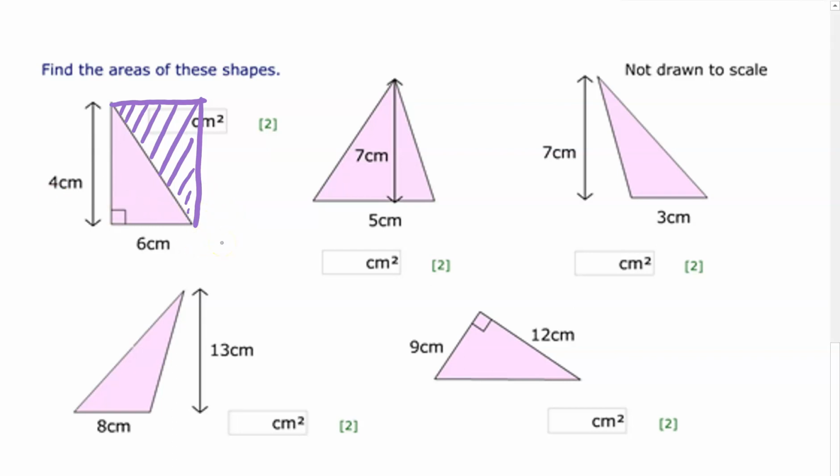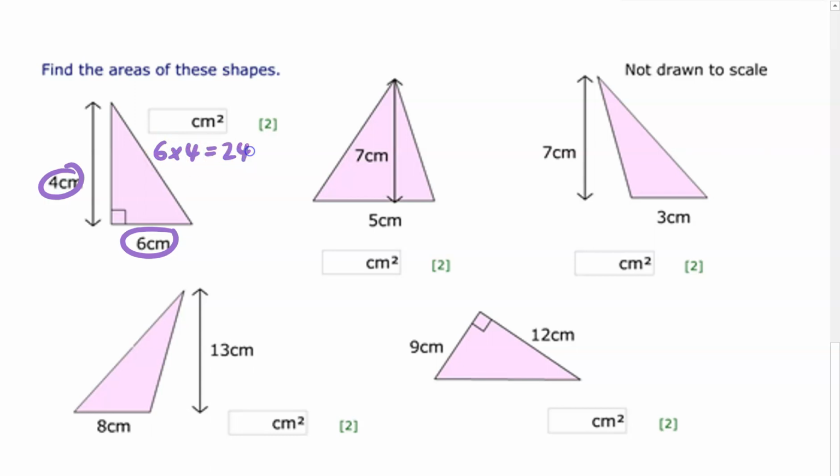We know how to do those. We know we do 6 times 4. But then I only want half of it. So we're going to do 6 by 4, then half of it. So 6 by 4 is 24, and then half of 24 is 12. So it would be 12 centimetres squared.